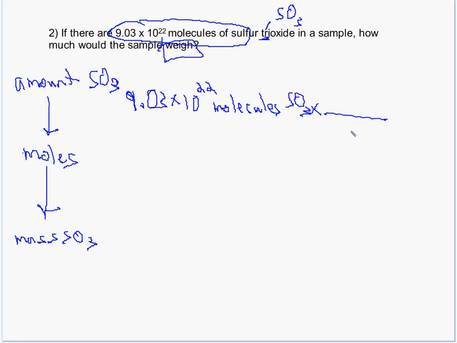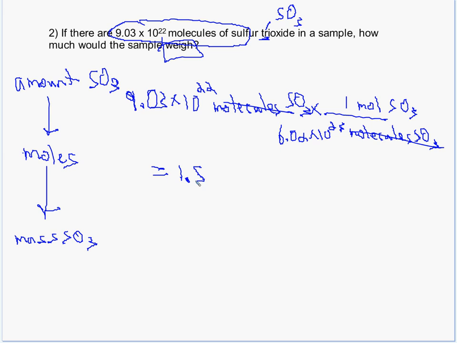I'm going to have molecules, don't shorten it, I know it's tempting. I'm going to have moles on top because that's what I'm going to. 1 mole is equal to 6.02 times 10 to the 23rd molecules. So molecules cancels here. 9.03 divided by 6.02 is 1.5.